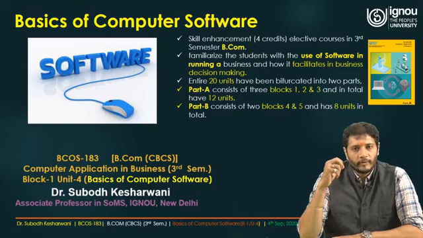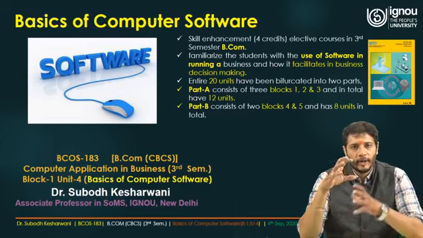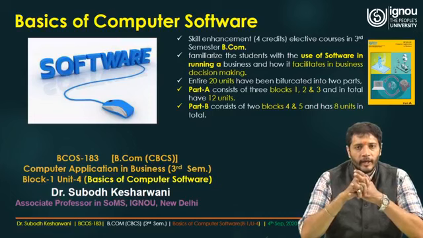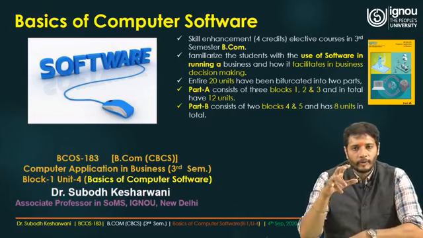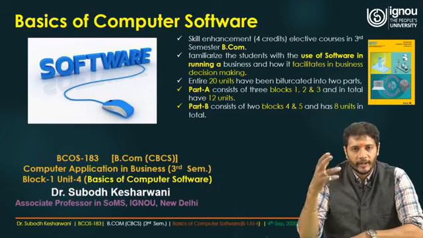This basics of computer software is very important because we have talked about hardware and computers, and the role of software is more important. Software in the present scenario is more customized in nature, more application oriented, and can be designed or tailor made as per the circumstances.